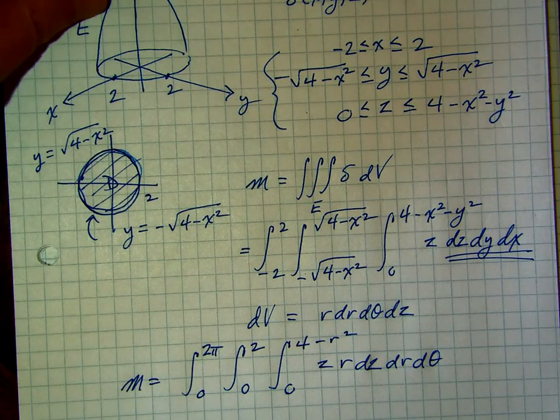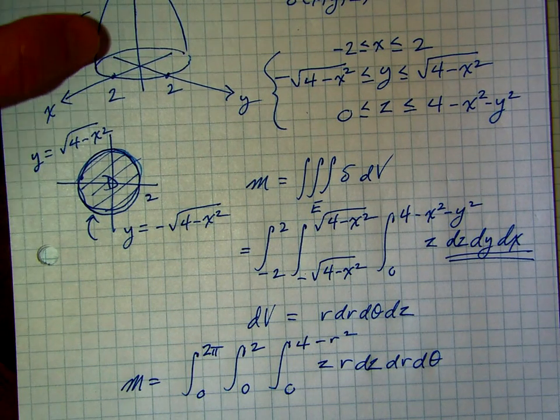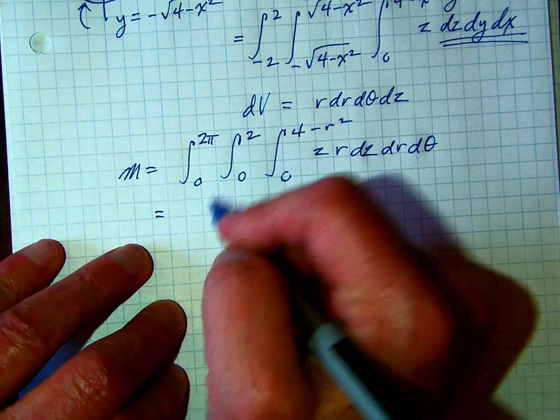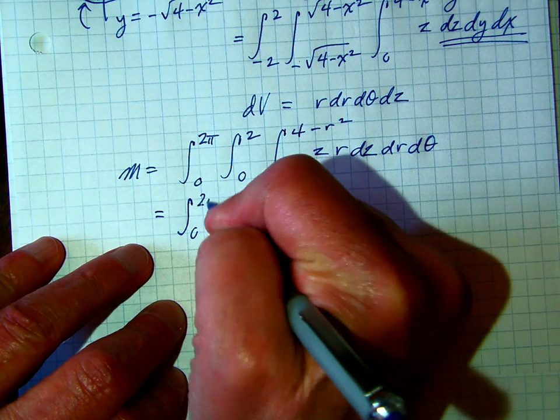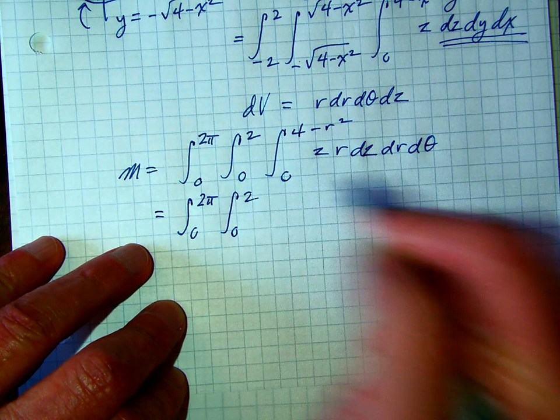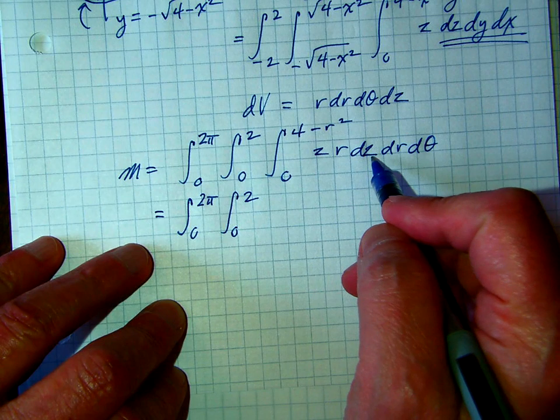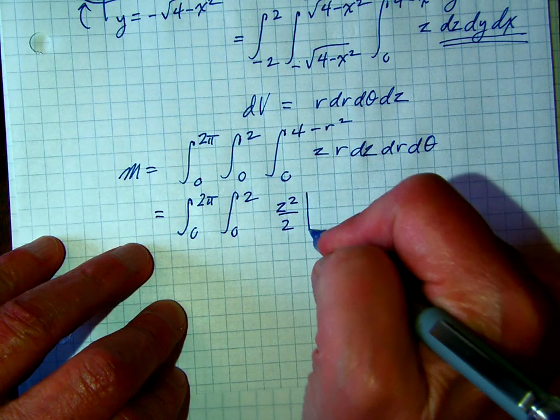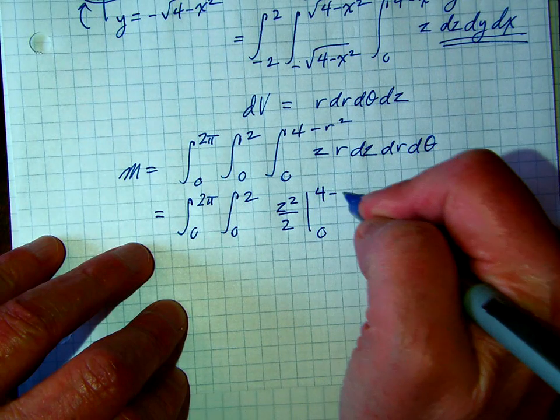And if you work this out, what's going to happen? Well, first of all, you integrate z, so you get z squared over 2 from 0 to 4 minus r squared. Okay?